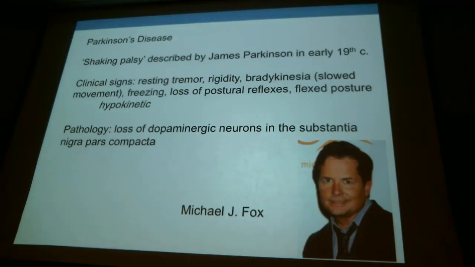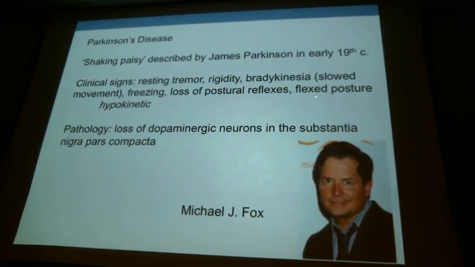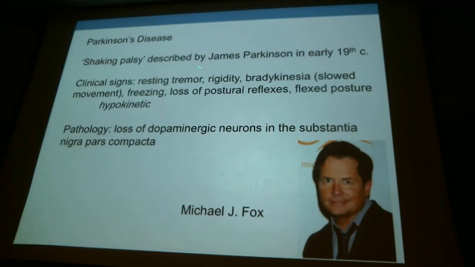Tremor, rigidity, slowed movement, known as bradykinesia, freezing, loss of postural reflexes, flexed posture. And these all together are termed hypokinetic. So there's a loss of movement, kind of a locking in of movement. Okay. And we said the neuropathology of this is the loss of those dopaminergic neurons in the substantia nigra.